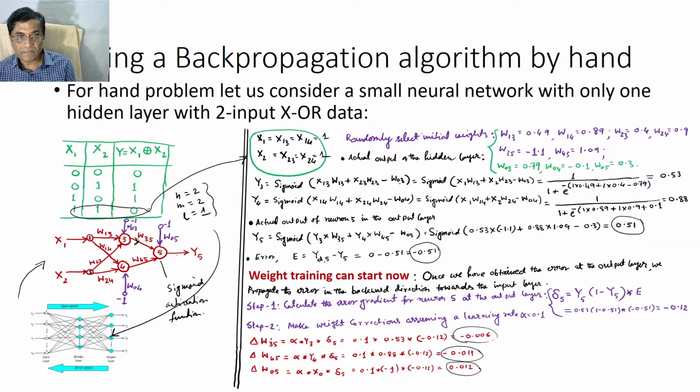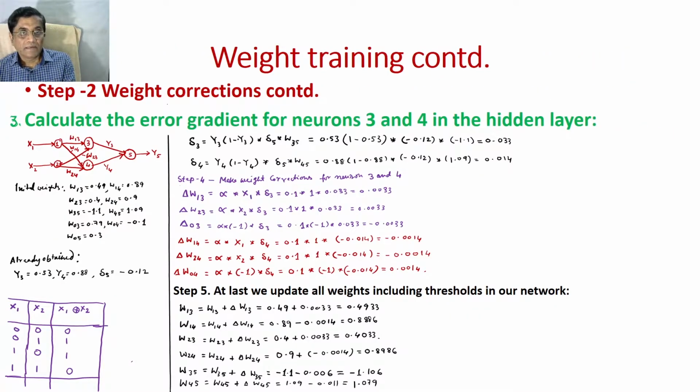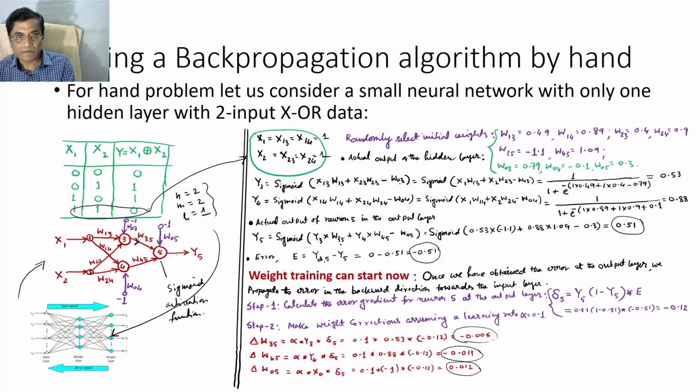The moment you get this, you can now calculate delta 3. You see, this is step 3, weight correction, and the learning rate assuming this.